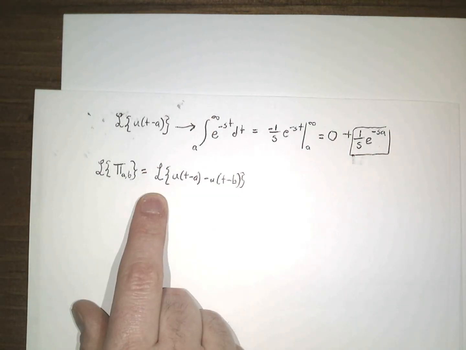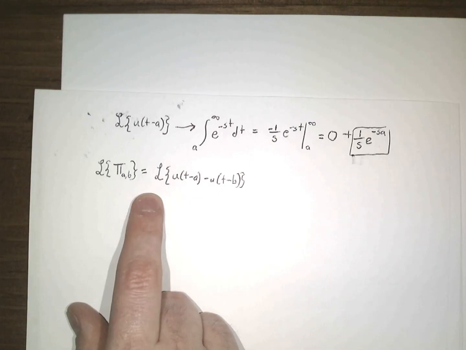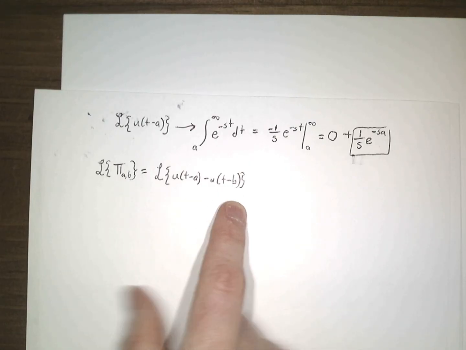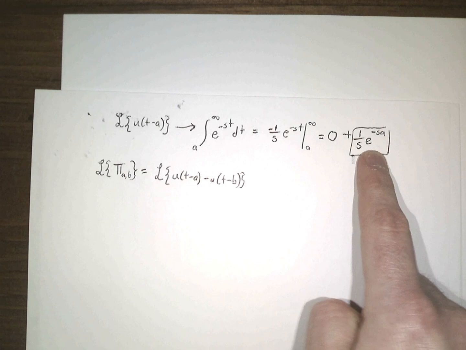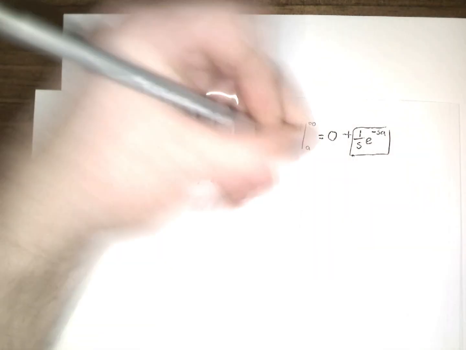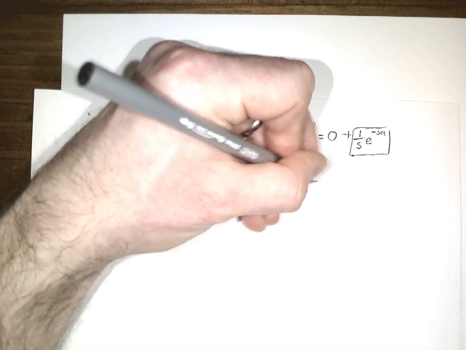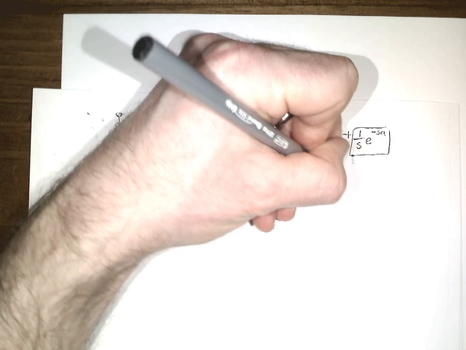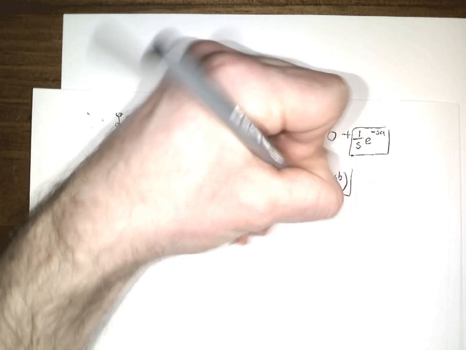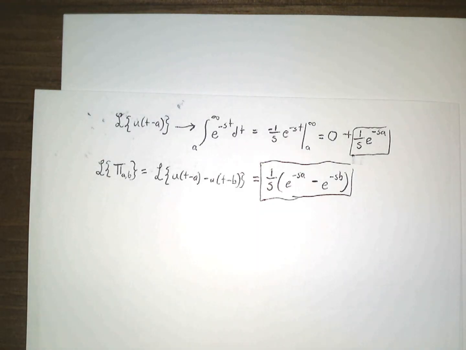So we employ the linearity of the Laplace transform operator, and we're just going to act it once on the step at a, and we're going to act it again on the step at b, and we're just going to basically subtract these two results, one evaluated at a, the other evaluated at b. And the result is 1 over s times e to the negative sa minus e to the negative sb. So that's our window.